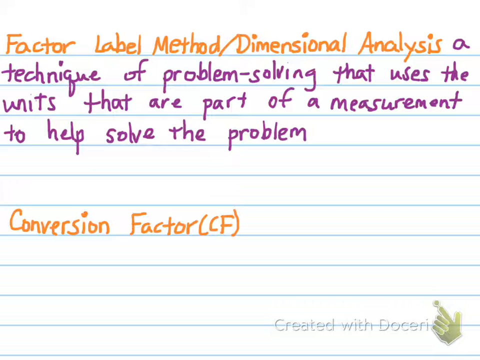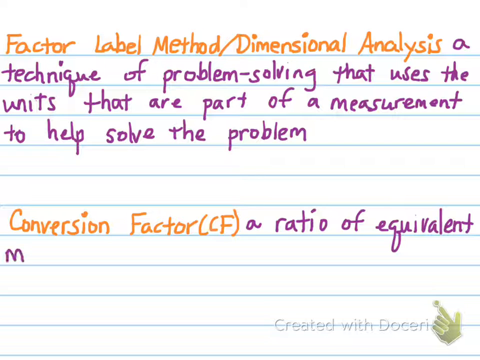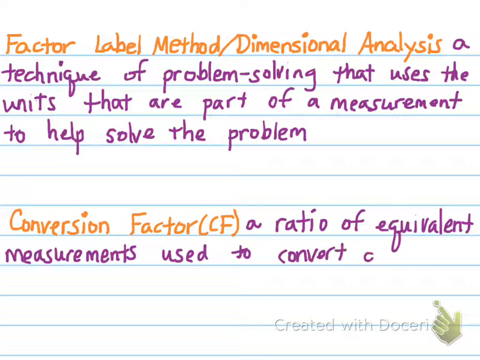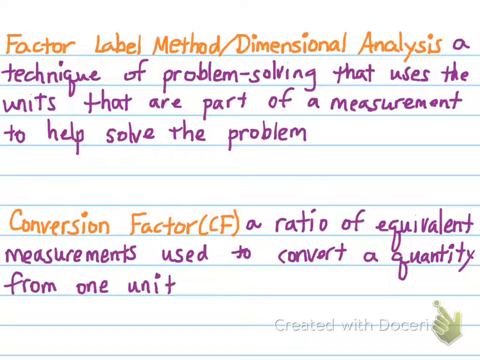When we use the factor label method or dimensional analysis, we use a conversion factor, which is a ratio of equivalent measurements used to convert a quantity or amount from one unit to another.